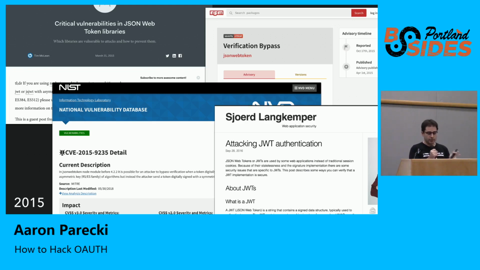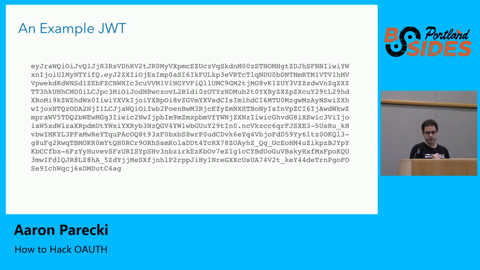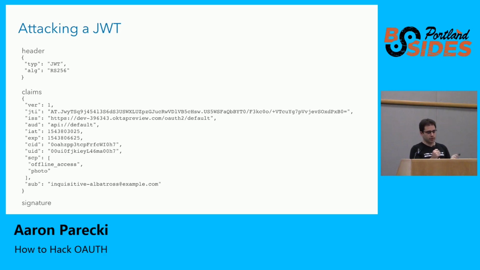So what is a JSON Web Token? It is a long string of characters, and it has a particular structure. If you look closely, you'll find 2 dots in that string of characters. Those separate this into 3 parts: the header, the payload, and the signature. If you then base64 decode, which is important to remember, it's encoded, not encrypted, this is just base64 encoded JSON data.